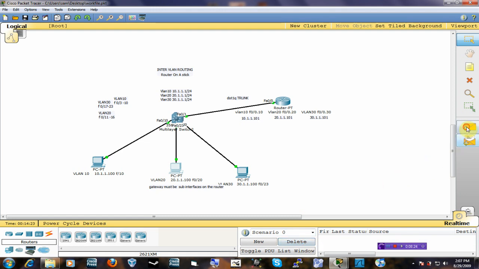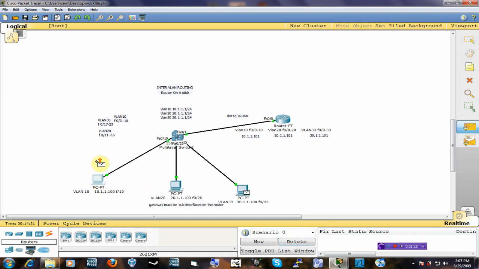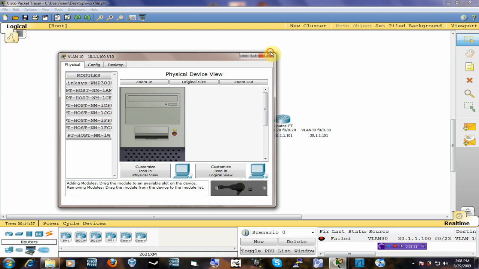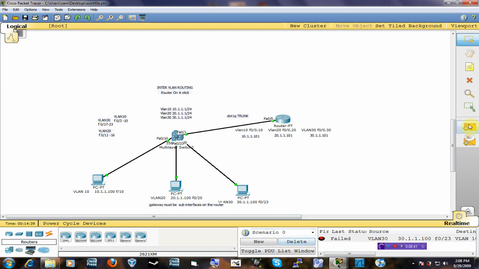And let's ping from here to VLAN 10. Oops, it failed the first time because it's populating its routes. Let's see. And then it's successful.